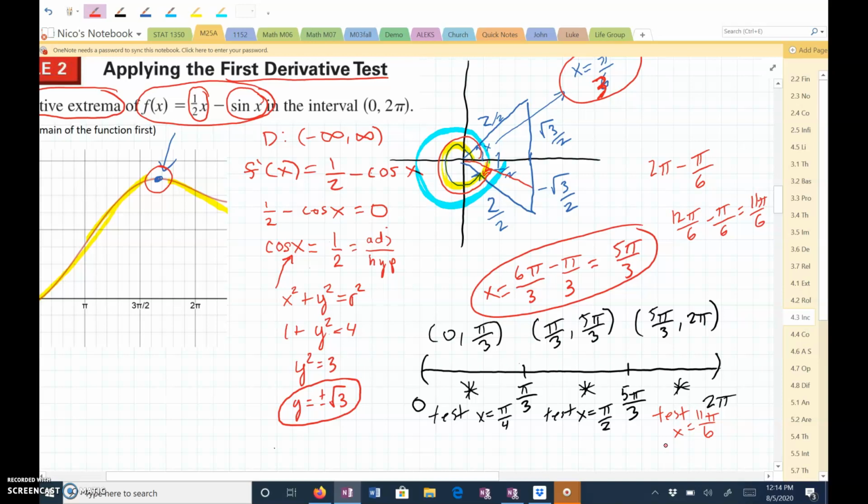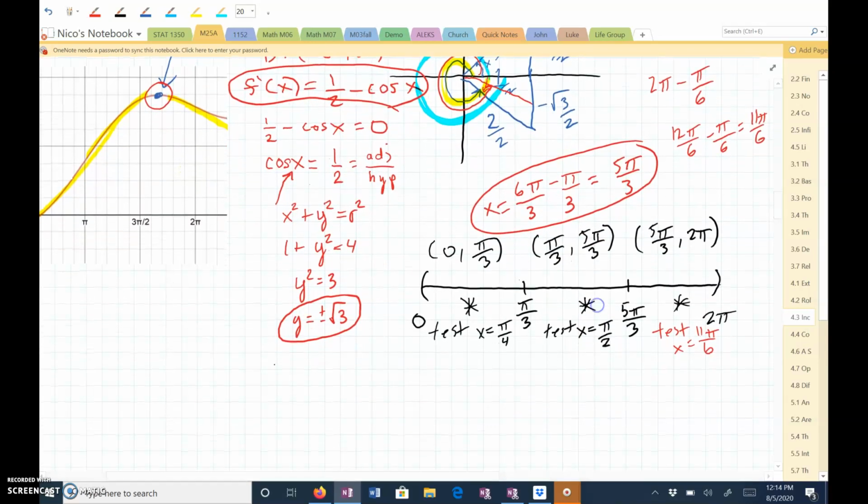So now we got to test all of these into here. Okay, so let's test 1/2 minus cosine of pi fourths.